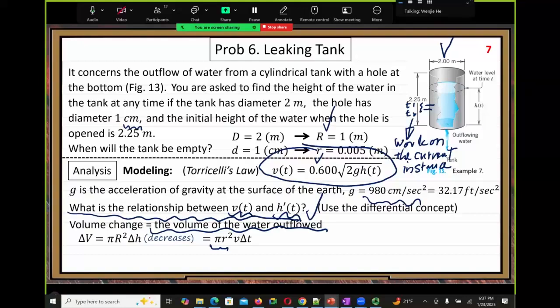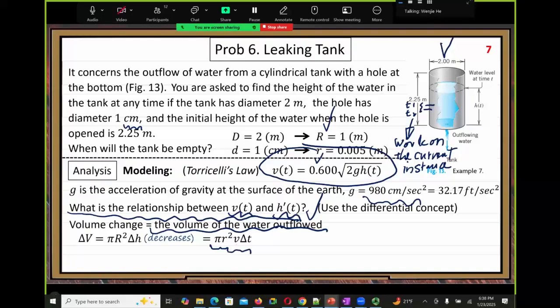Velocity times the time interval, v times delta t, is the distance, which is just like the height of the cylinder. The base area times the height is the volume of water that flows out. Imagine that. So we get this formula.